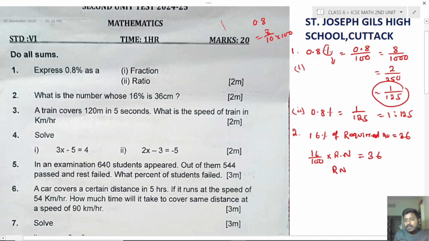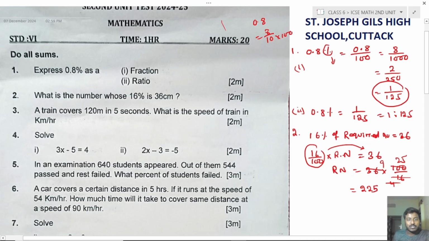Now required number equal to 36 into the reciprocal when it goes to the right side, that is 100 divided by 16. Now cancel 4, 4 fours are 16, 4 twenty-fives are 100, 4 nines are 36. So 25 eights are 200, 25 nines are 225. So the answer is, the number is 225.